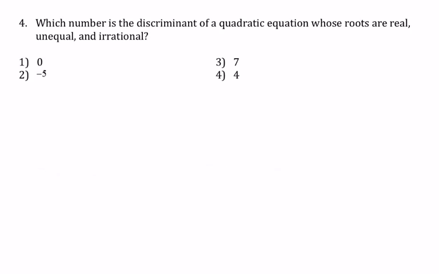Here we're looking for the discriminant when the roots are real, that means it has to be positive. Irrational means it's not a perfect square. So I'm looking for something that's positive and not a perfect square. The only possible choice is answer 7, the discriminant being 7.